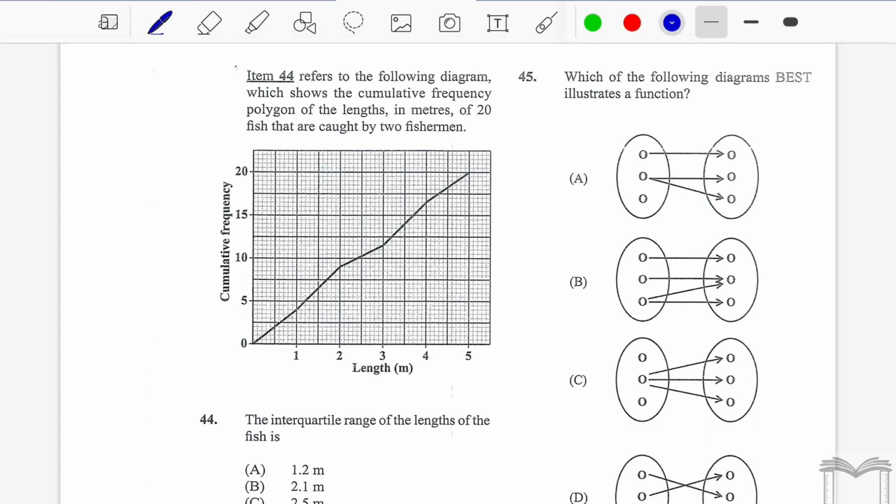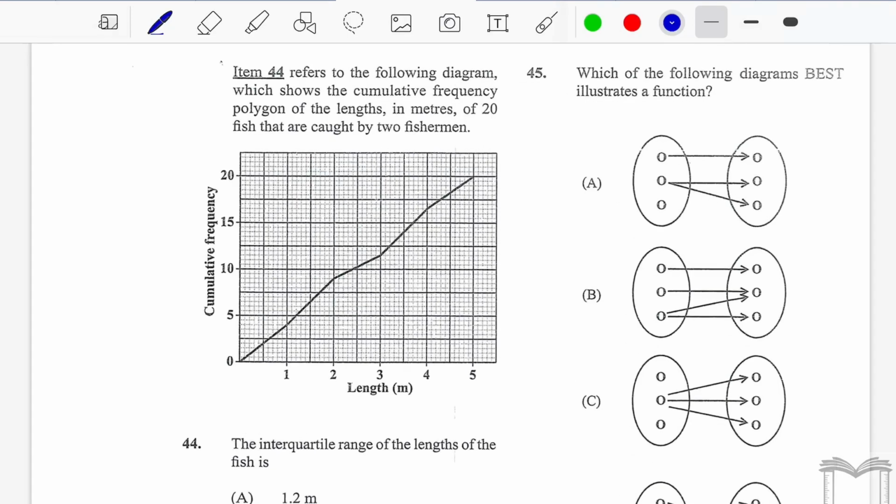Item 44 refers to the following diagram, which shows the cumulative frequency polygon of the lengths in meters of 20 fish that are caught by 2 fishermen. The interquartile range of the lengths of the fish is, so we must work out the interquartile range.